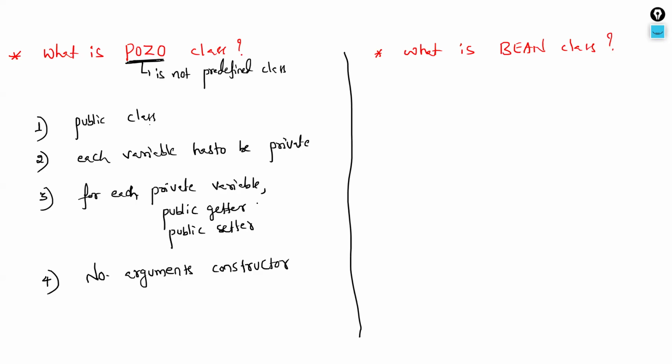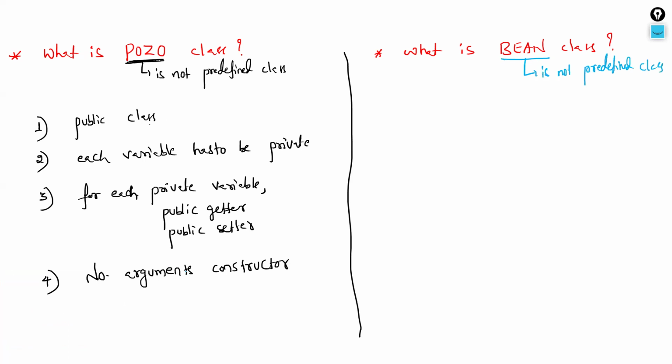Clear? Then what is a bean class? More or less it is the same. But to be more precise, if you look for a minute difference, first clarity from my end: bean is not a predefined class. It is also not a predefined class, just like POJO.